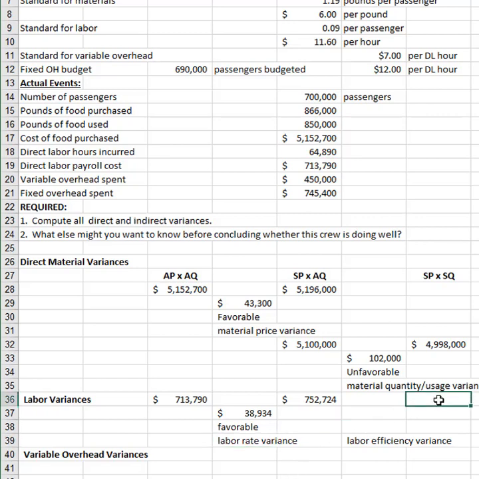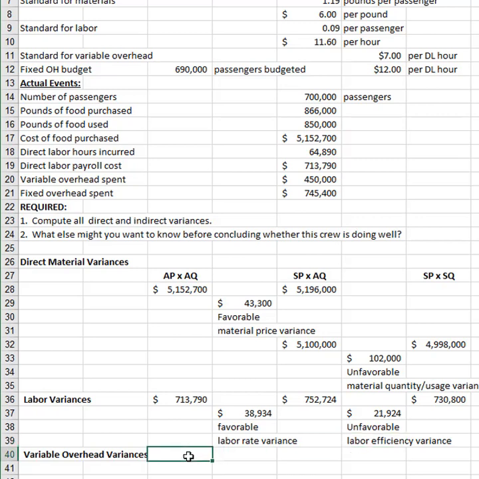And then for efficiency, we say, okay, given how many passengers there were and how much time you should have spent per passenger at the rate you should have paid it, we should have been incurring that much. So the absolute value of the difference between them, in this case, is unfavorable. All right, so that's the labor efficiency variance.